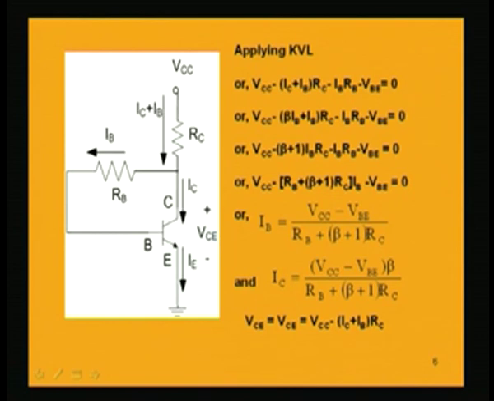From this point, which is of course the positive point of the VCC, we get VCC minus this drop, which is equal to IC plus IB into RC, minus this drop, which is equal to IB into RB, minus VBE, the base to emitter voltage, equal to 0, because the emitter and ground are the same point, and we do not have any resistance there. So, the emitter is at ground potential.